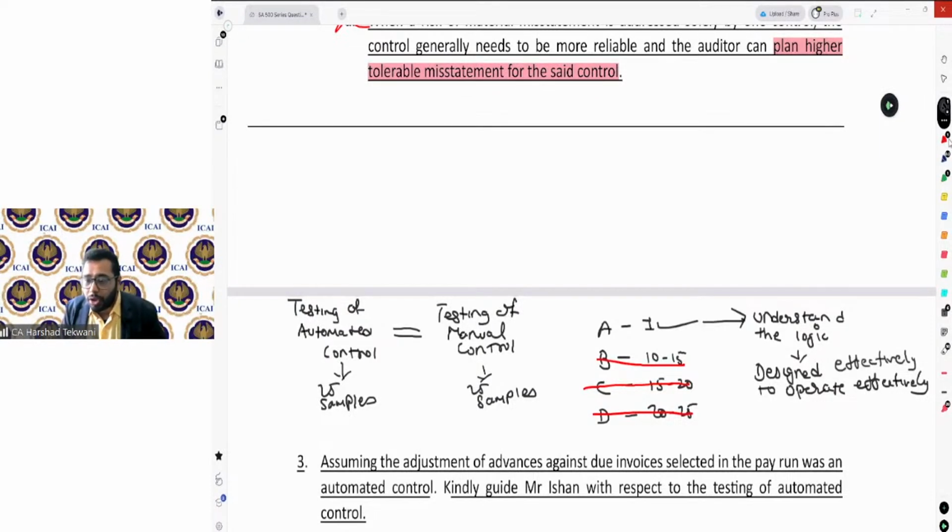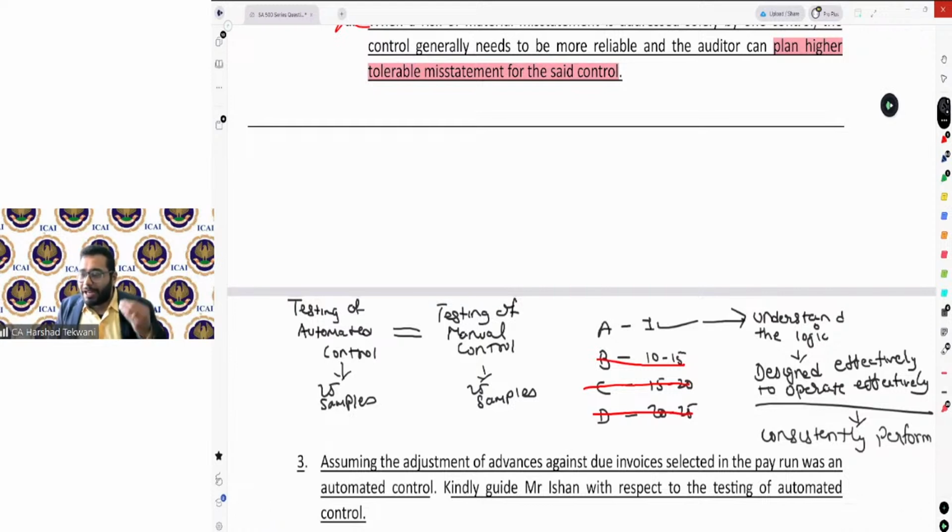That's an automated control. So, is the control designed effectively to operate effectively? If I get the answer yes from that one sample, then this control will consistently perform itself, because the IT logic does not change unless someone changes it.